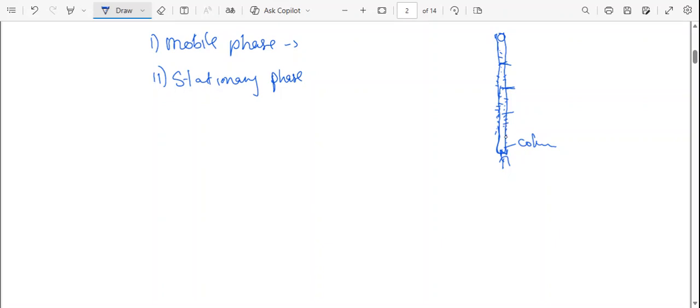So the small thing that we're able to see inside there is the coating on the supporting medium, which is the stationary phase. So a stationary phase is a layer or just a coating on the supporting medium. Hope that makes it clear. Then let's talk about the supporting medium itself.